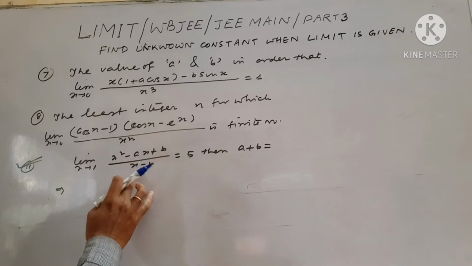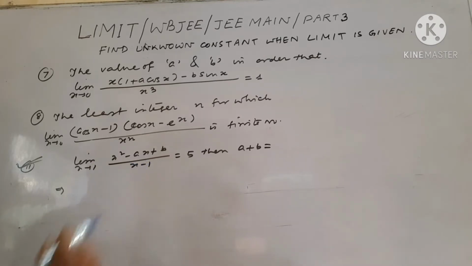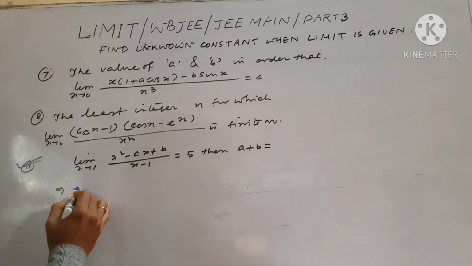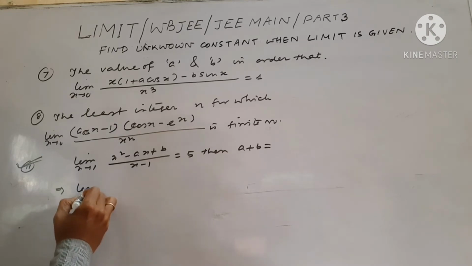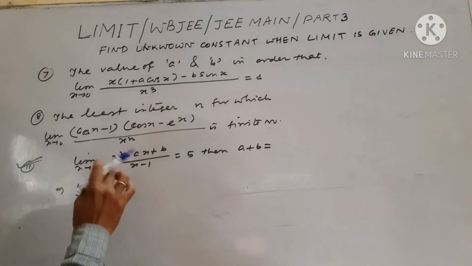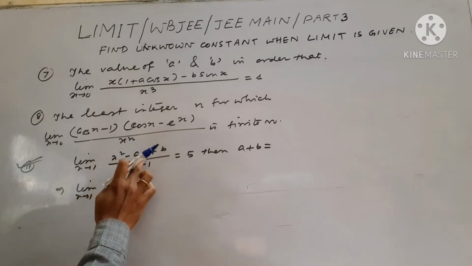The denominator is 0. So to make it 0 by 0 form, this is 1, this is a, this is 5.